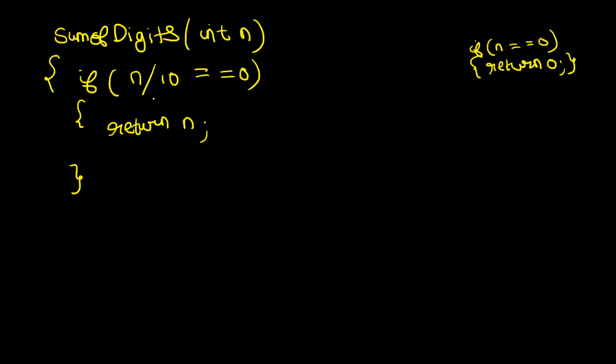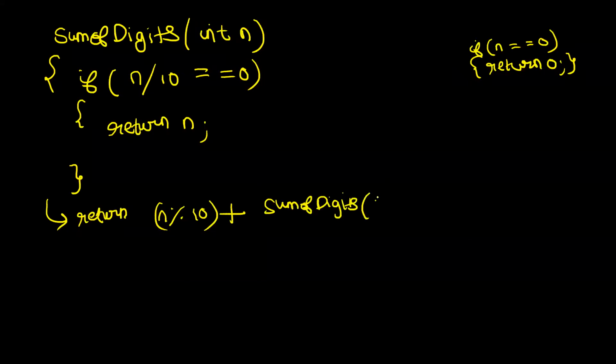Now, if n by 10 equals 0, you are returning n. If I am not at the base case, that means I have more than one digit in my number. So what will I do? I extract the last digit. What is the last digit? The last digit is n percentage 10. So take this last digit and add it with the sum of digits of the remaining number.